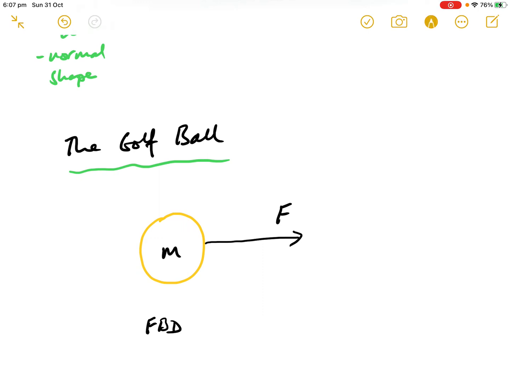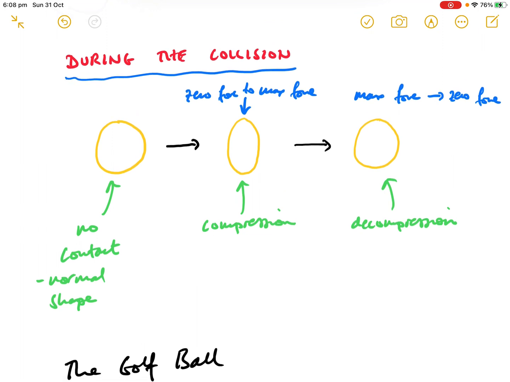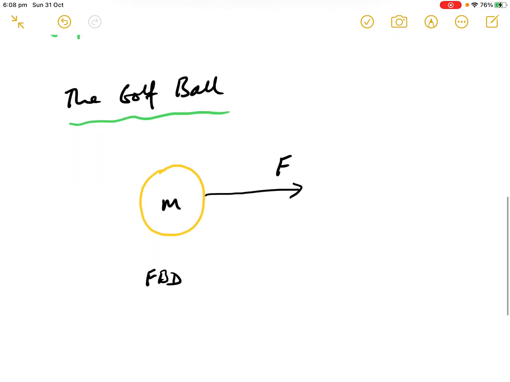Your mass is m, and taking you from rest up to some exit speed, which will be quite fast, probably, for a golf ball. And because the force is varying, going from nothing up to some maximum during the compression, and then from that maximum back down to zero when contact's lost during the decompression, we need to have the average force rather than just the force.